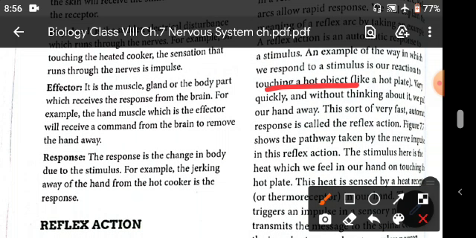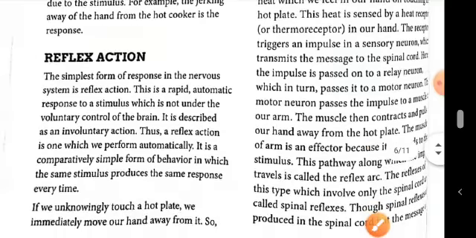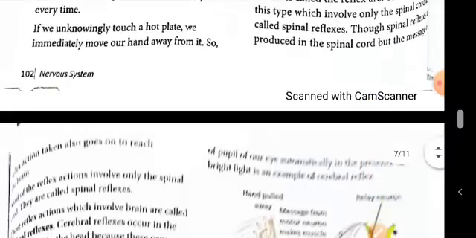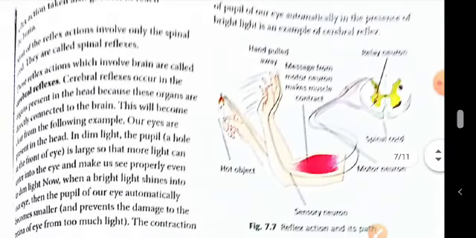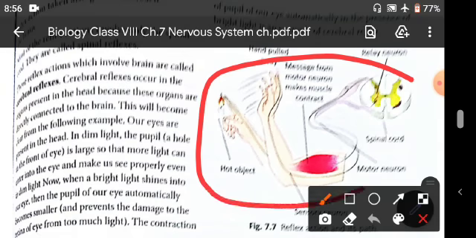Okay. So here is a figure which represents the pathways taken by the nerve impulse in the reflex action. See here, this is the figure which shows how we reflex our hand. Here, this is a hot object.